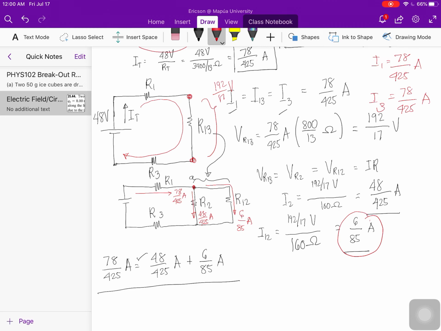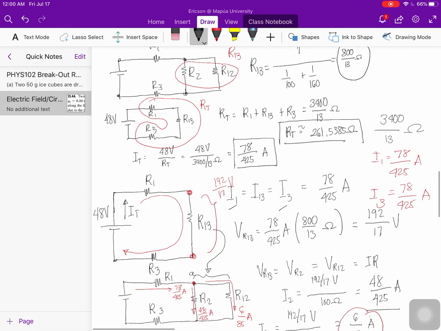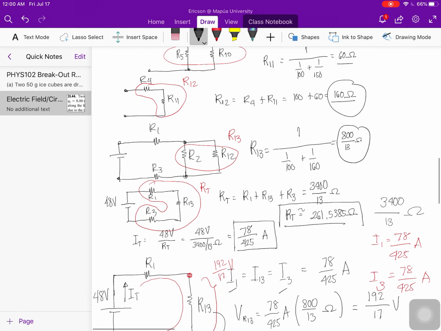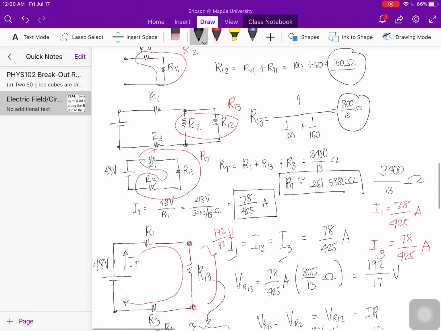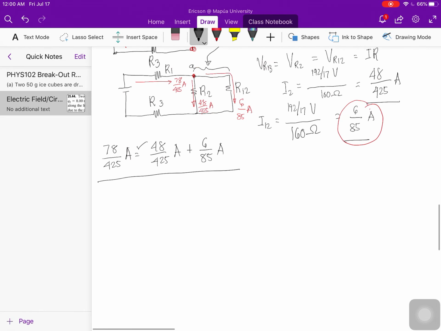Okay, now, let us solve for, meron na tayong R12. So, meaning, R12 is what? If you will be going back here, R12 is actually R4 in series with R11. So, we could now compute for the voltage on R12. Current on R12, meron ka 6 over 85.